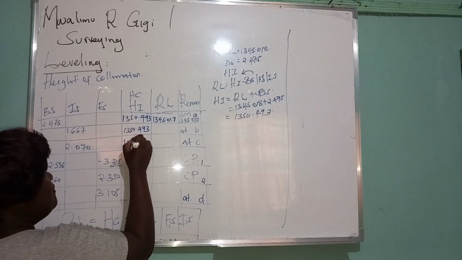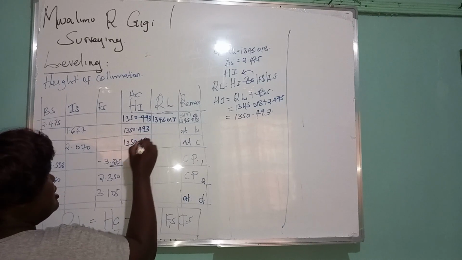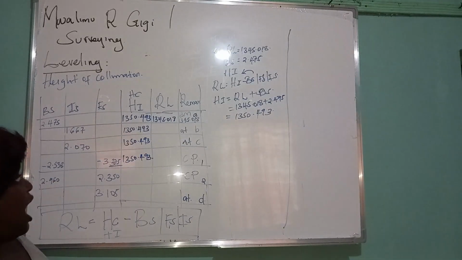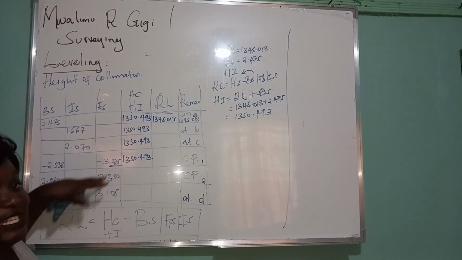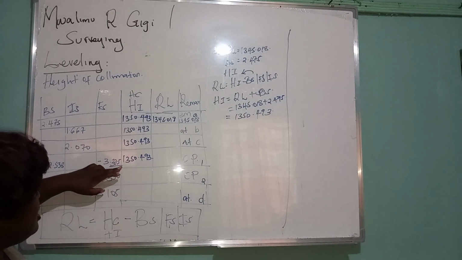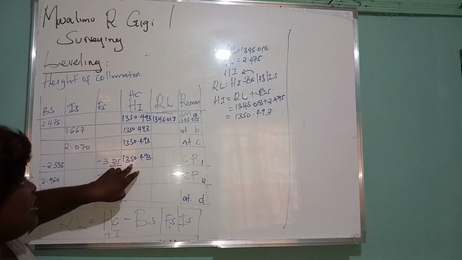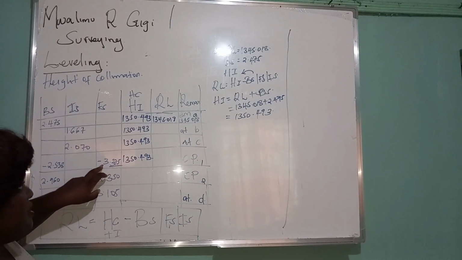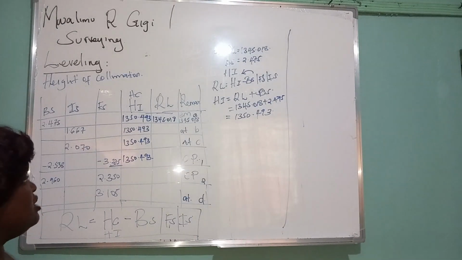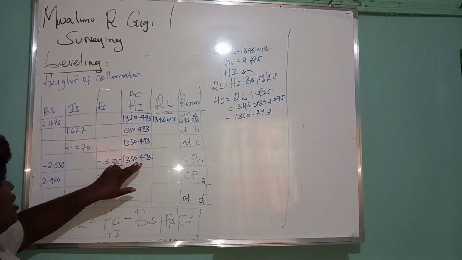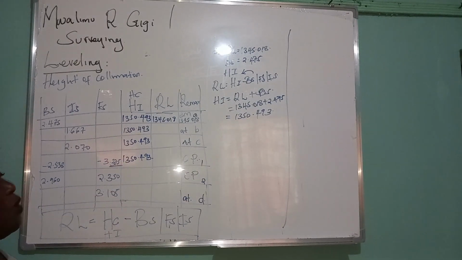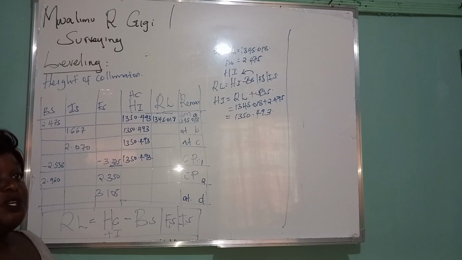So after we read the last reading, which is the foresight, we change the instrument. So from the change point 1, we'll have another height of instrument.